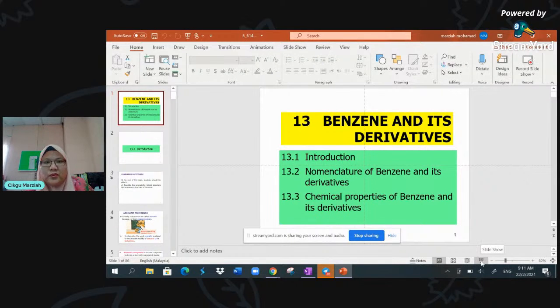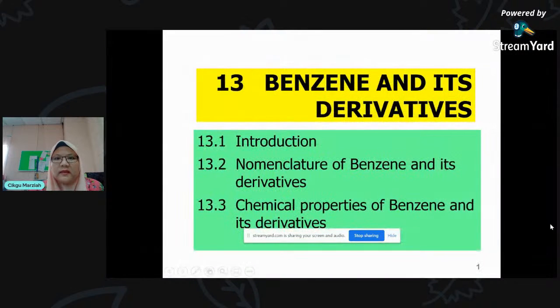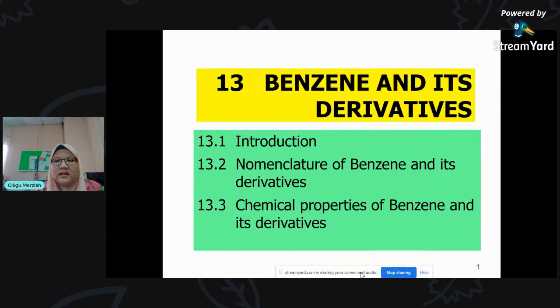I will go through the slides because I will not explain everything. So this is what we are going to learn: benzene and its derivatives. Actually, an aromatic compound is a compound that has the characteristics of being cyclic, with conjugated double bonds, and it has order in its structure.